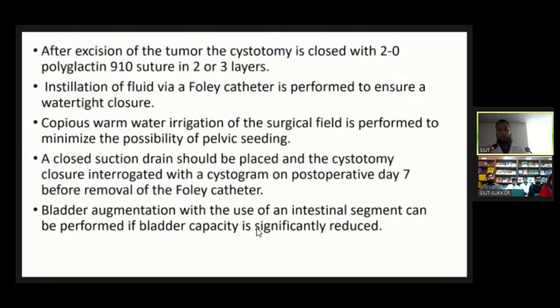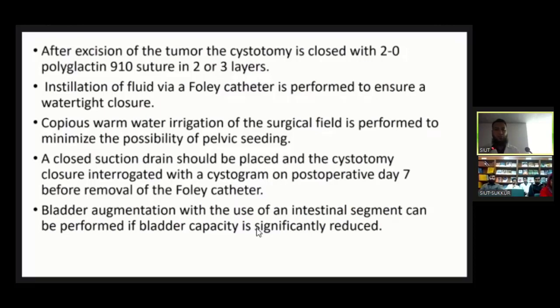After excision of the tumor, the cystectomy is closed with sutures in two layers, and a Foley catheter is installed. We perform a water-tight closure and start irrigation in the surgical field to minimize pelvic seeding, and then close with a drain.